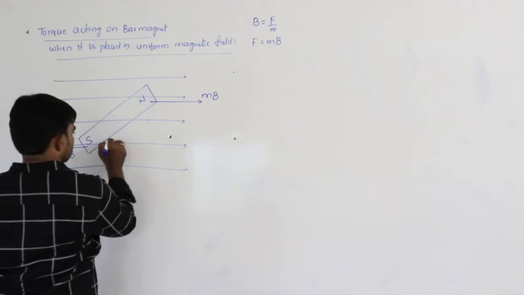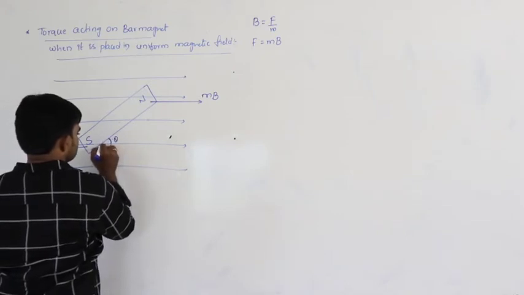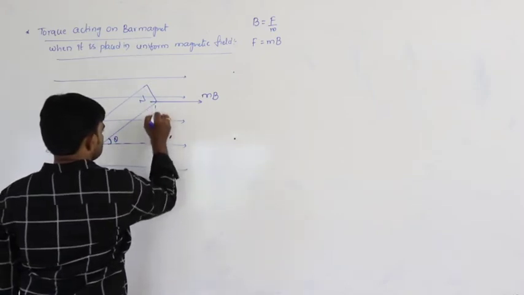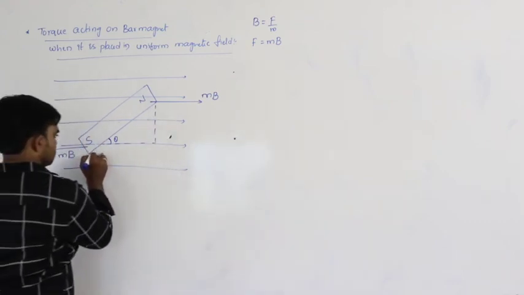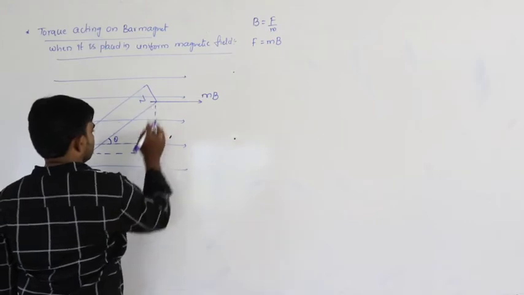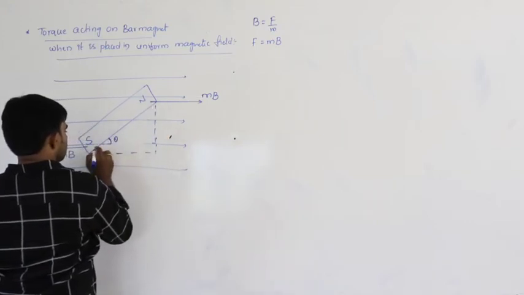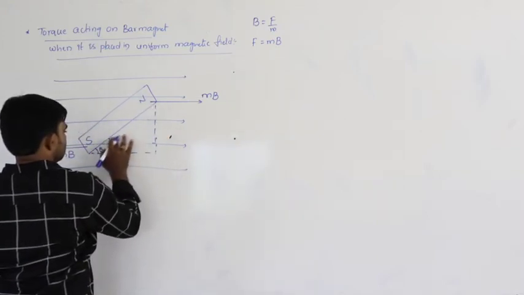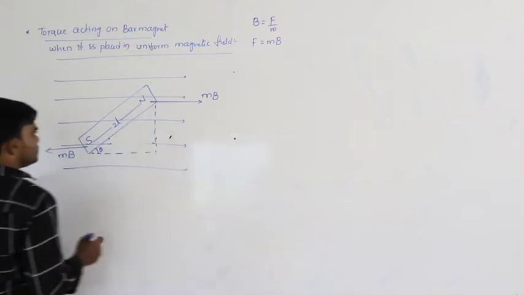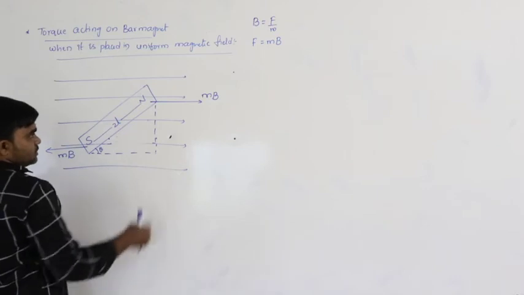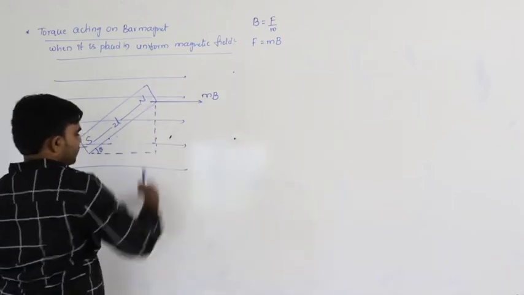So for example, this is theta. Here I am considering this is the perpendicular distance. This is 2L, the length of the magnet. So this is the force and the perpendicular distance.